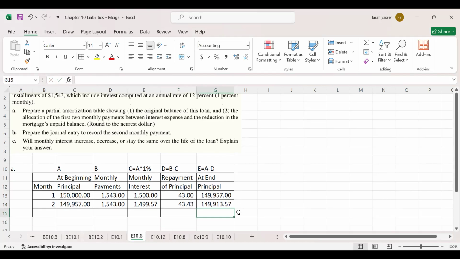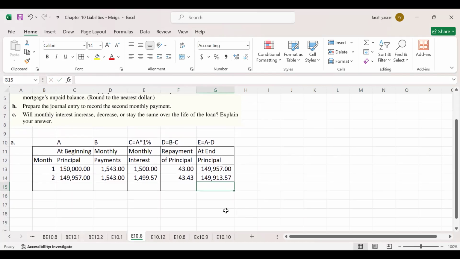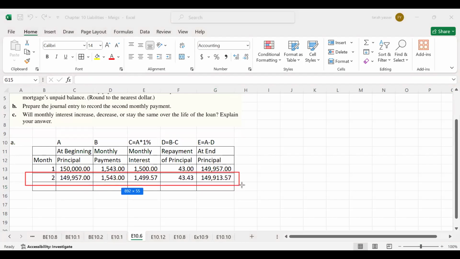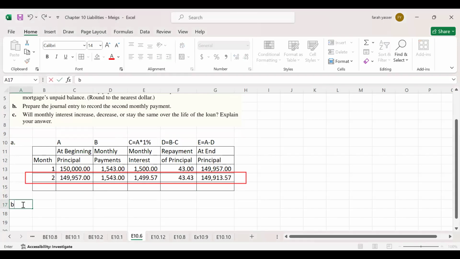This was requirement one. In requirement two, prepare the journal entry to record the second month payment. So we have this amount for the second month payment, and we are going to pass the entry. We have interest expense.